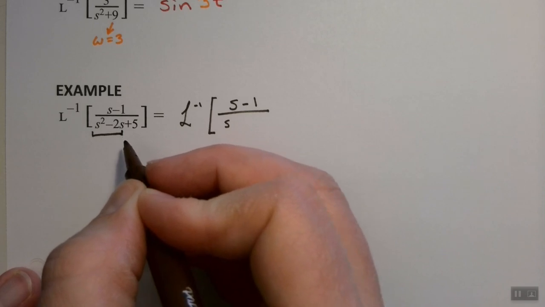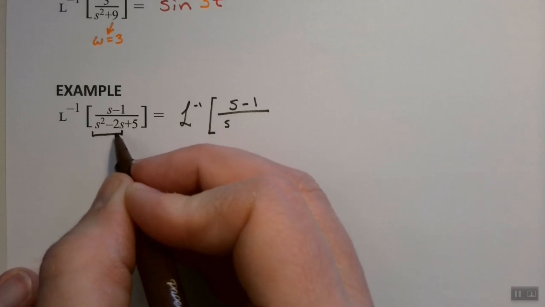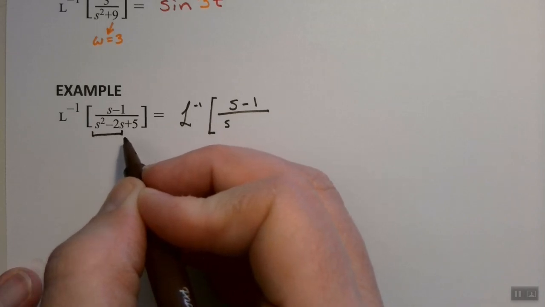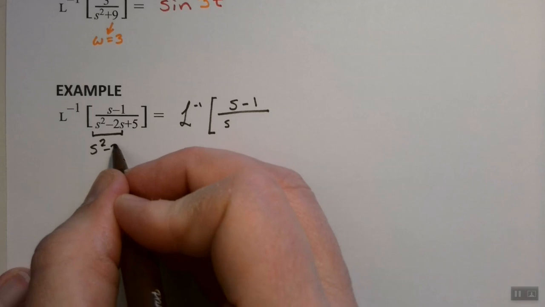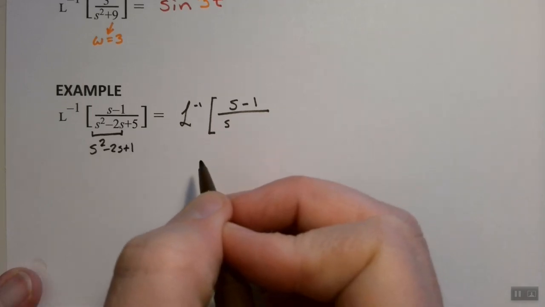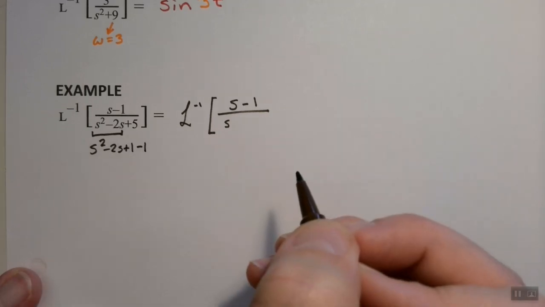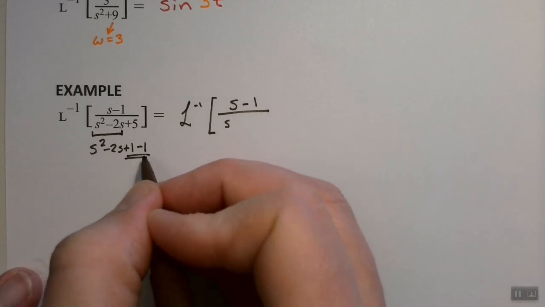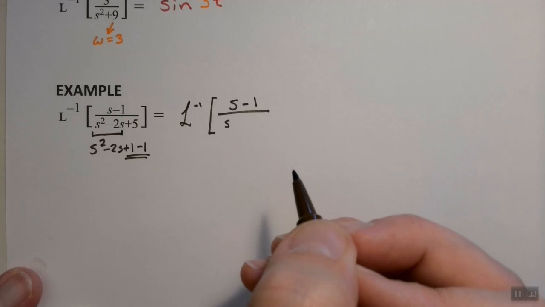Well, s squared minus 2s plus 1 would give me a perfect square. But then I'd have to subtract 1 as well.